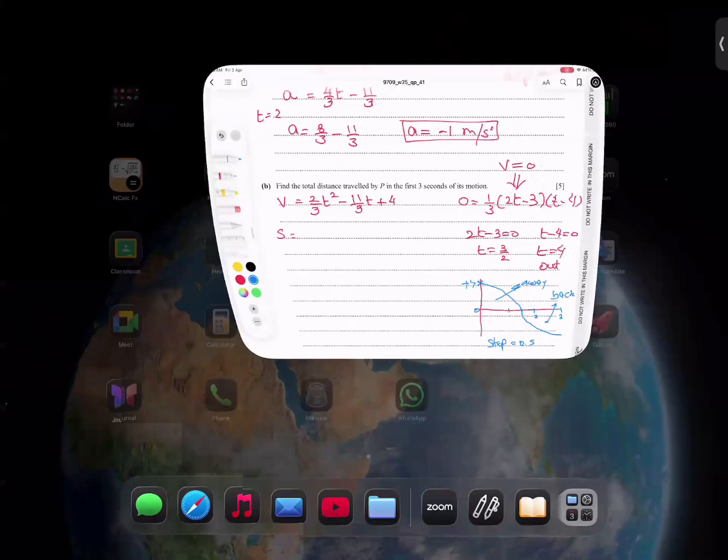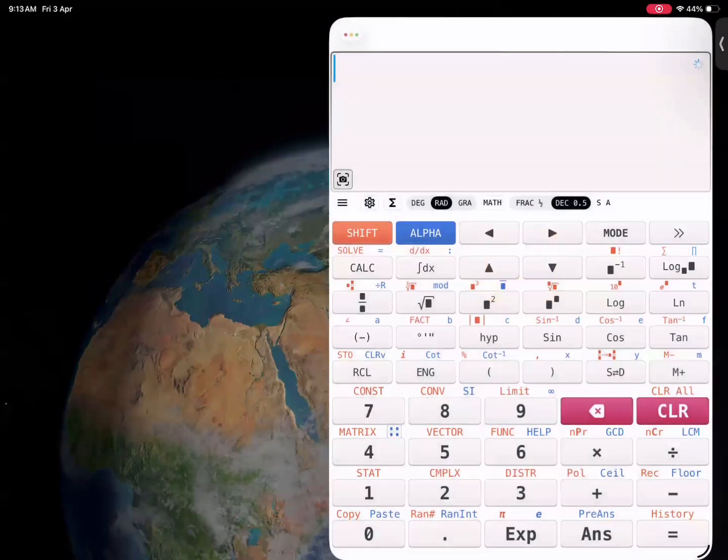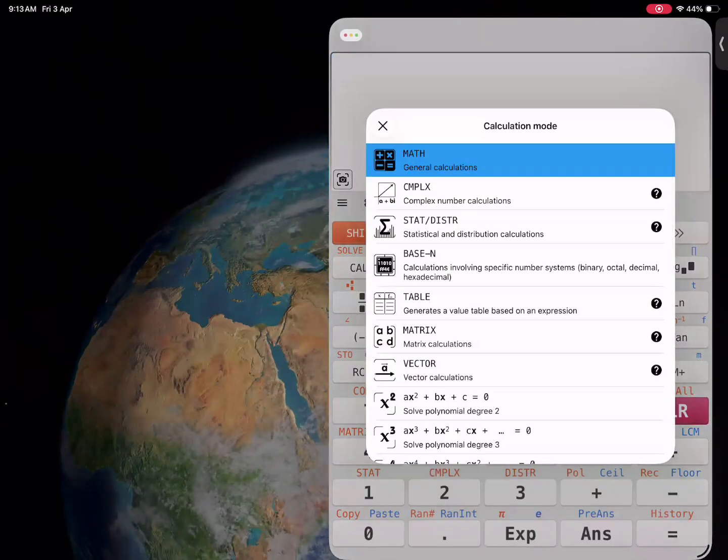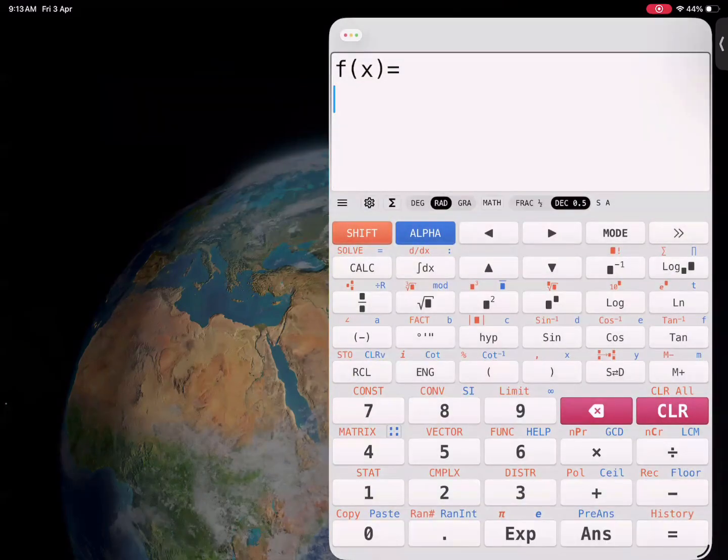For the sake of understanding, we are going to use this calculator. I'm using the table function. Get ready. The table function is available here, and I'm going to type a function, the same thing: 2 divided by 3 times x to the power 2, minus 11 divided by 3 times x, plus 4.